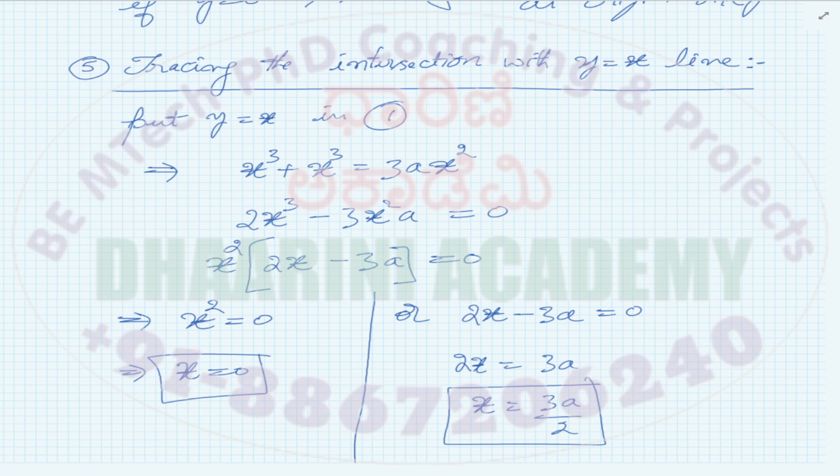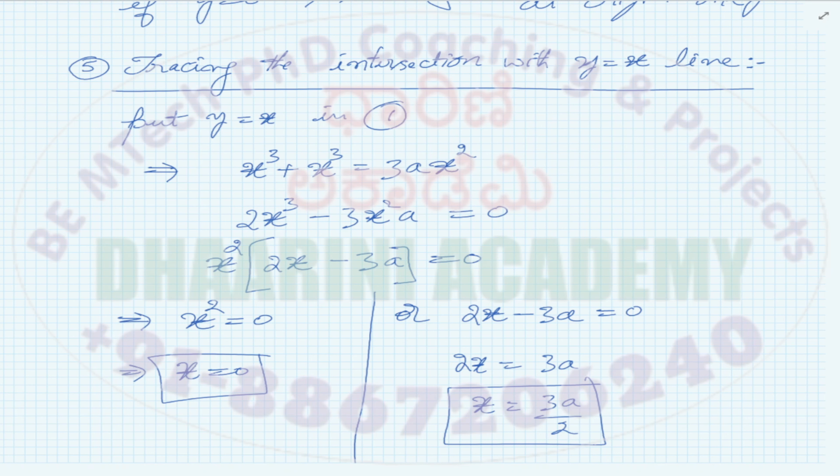You take it out, and 2x minus 3a is the other term. So when you have that, you can equate both of them to 0. So x square equal to 0 indicates that x is 0, which is the first point, the coordinate of the first point where it meets the y-axis. And on the other side, I have 2x minus 3a is 0, which gives me x equal to 3a by 2.